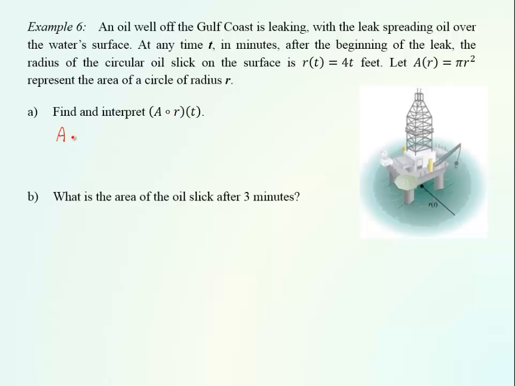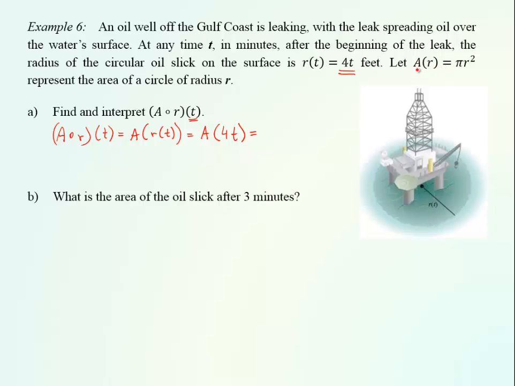Well, a composed with r according to our definition is the same as a of r of t. We want to leave this expression in terms of t only. So, what's r of t? Oh, it's given, it's 4t. So we need to apply area to the input 4t.